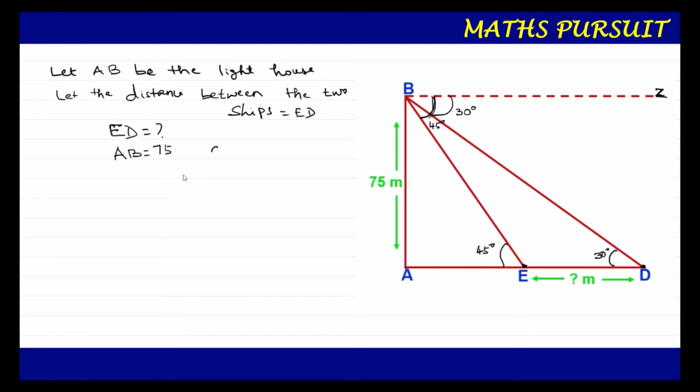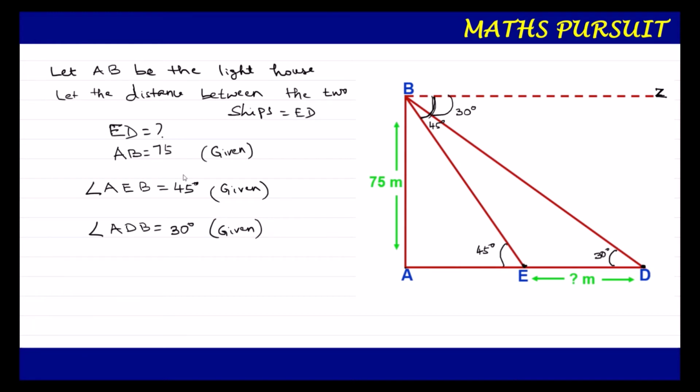This is given. Just noting down what is given: angle AEB is equal to 45 degrees. This is given. Similarly, angle ADB is equal to 30 degrees. This is also given. So guys, with this data in hand, let us move ahead and try to solve this question.